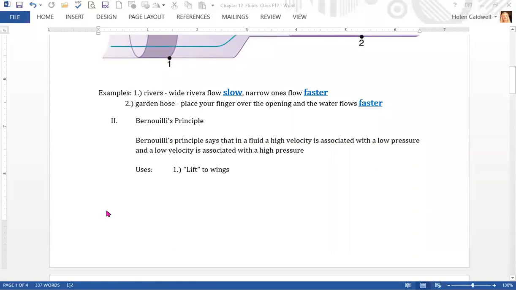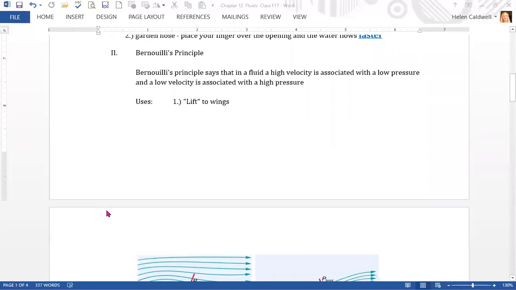Let's look at Bernoulli's principle. So with Bernoulli's principle, it says that in a fluid, a high velocity is associated with a low pressure, and a low velocity is associated with a high pressure. This used to just drive me crazy until I thought about, well, what is pressure? So suppose you are moving your hand along a tabletop.